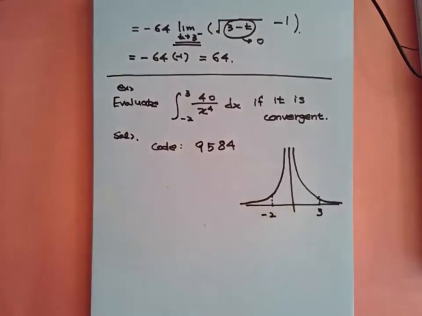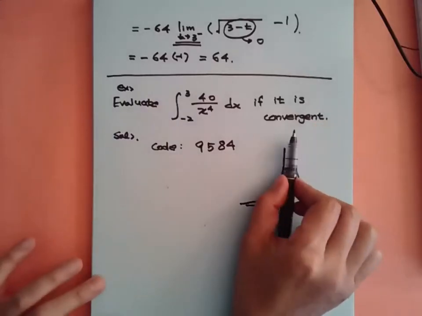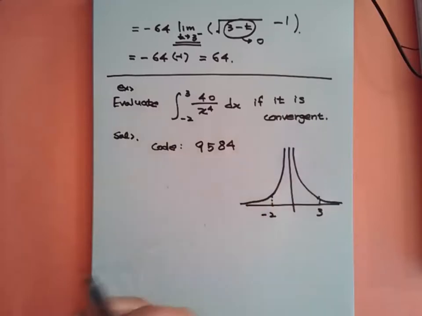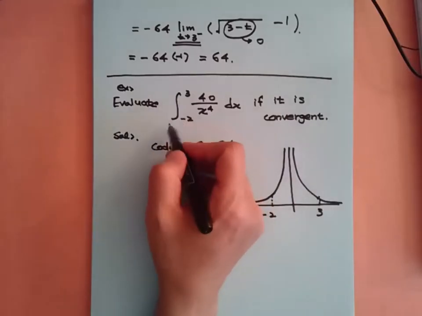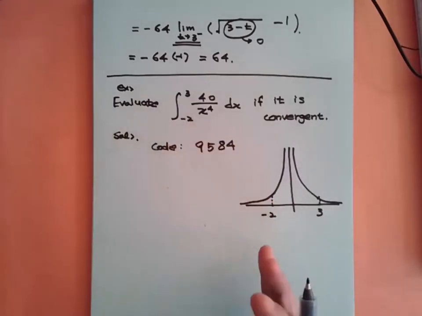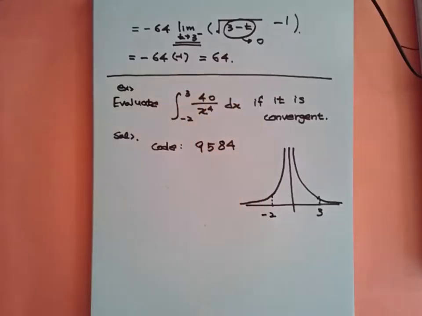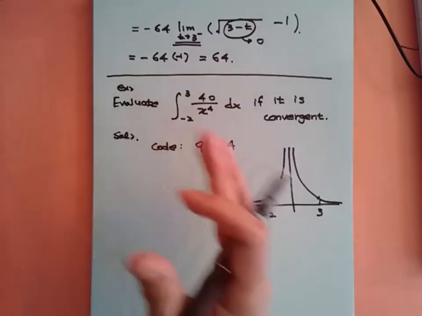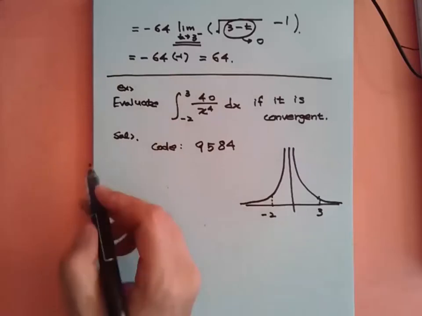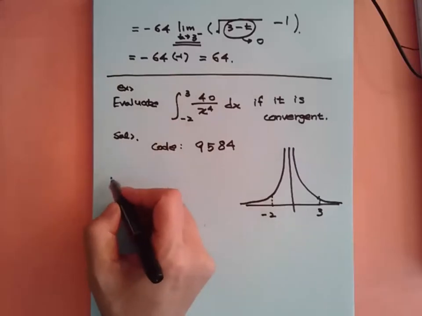So this discontinuous point is not occurring at the boundary. Instead, it is occurring in the middle. So there is a point where the function is undefined. So we have to break this integration into 2 pieces so that the range of the integration doesn't contain the point where the function is discontinuous.